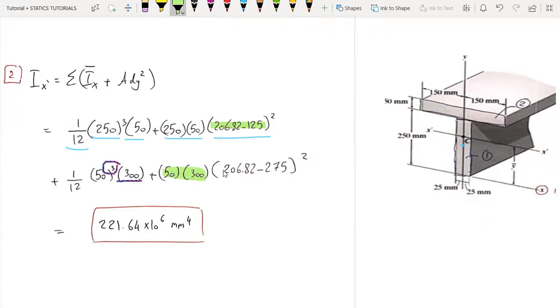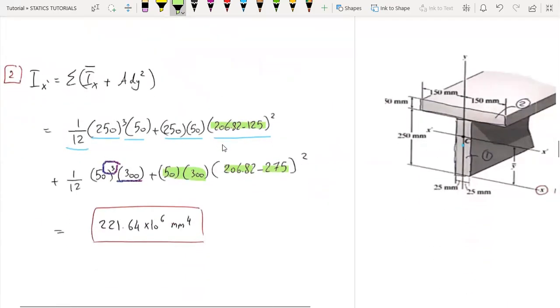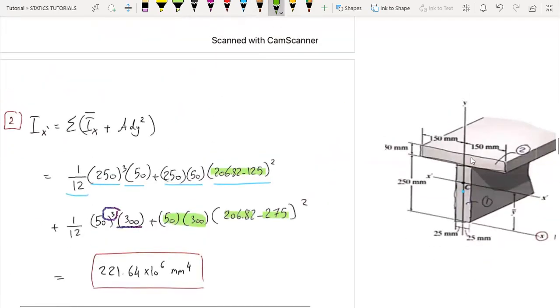Regarding dy squared, we can also say directly 206.82 minus 275, which is y tilde for segment number 2. Or you can say, here in the diagram, here is the centroid of this segment, here is the x-axis for this segment, and here is the x-axis for the centroid of the whole structure.